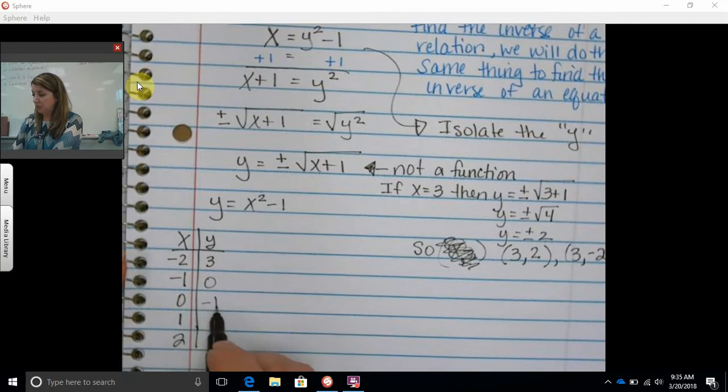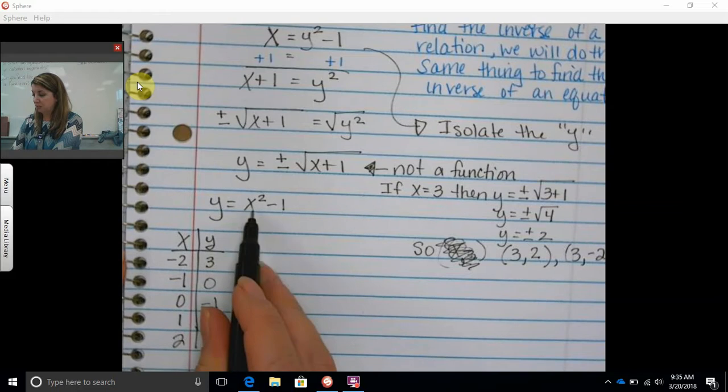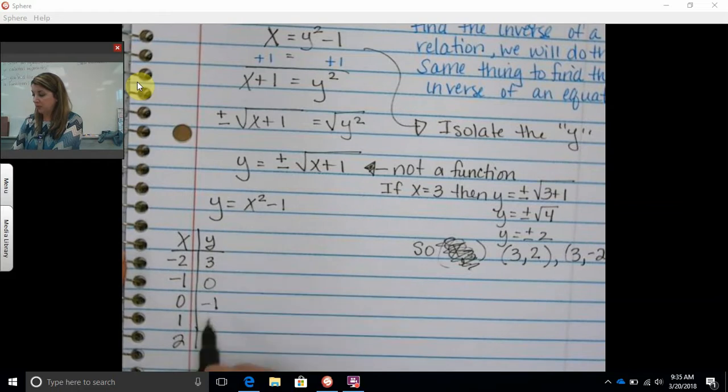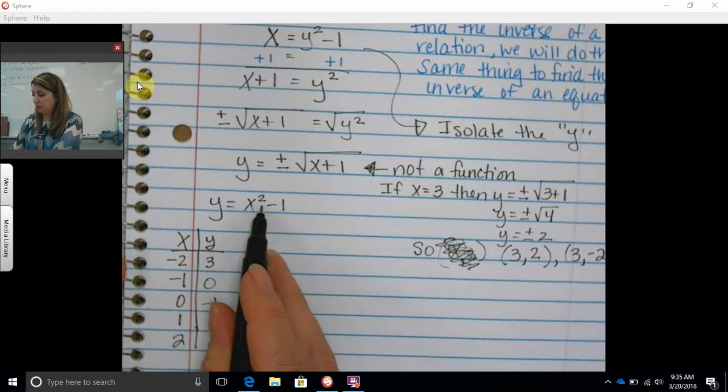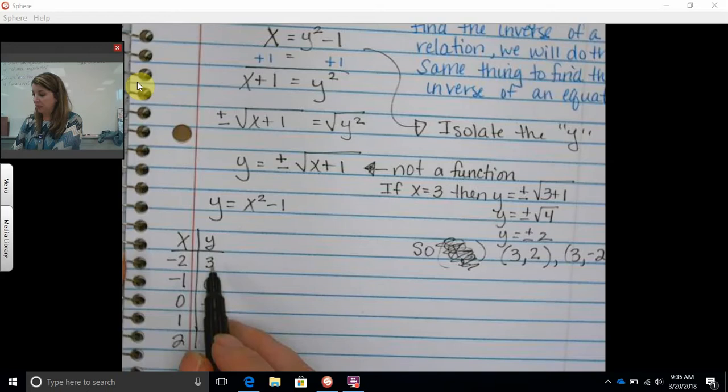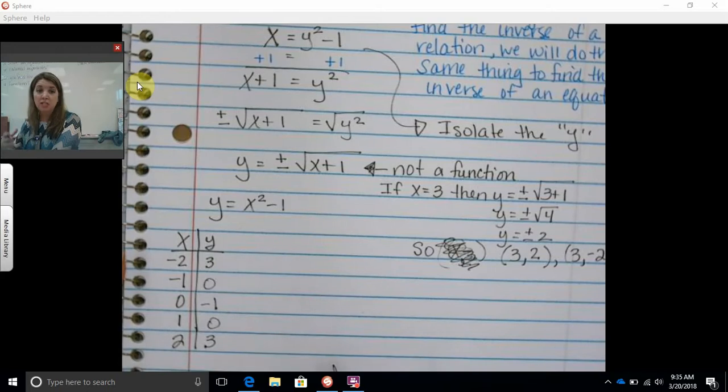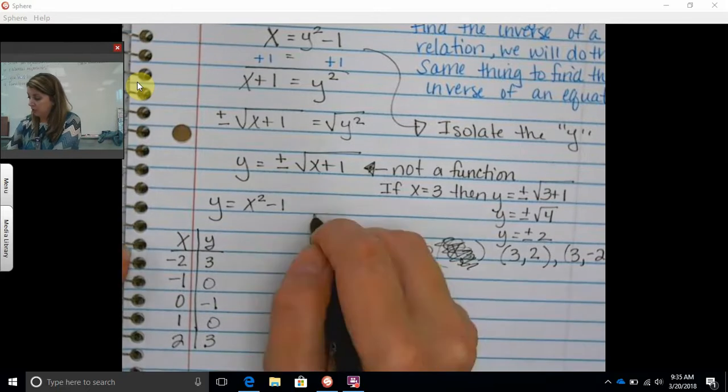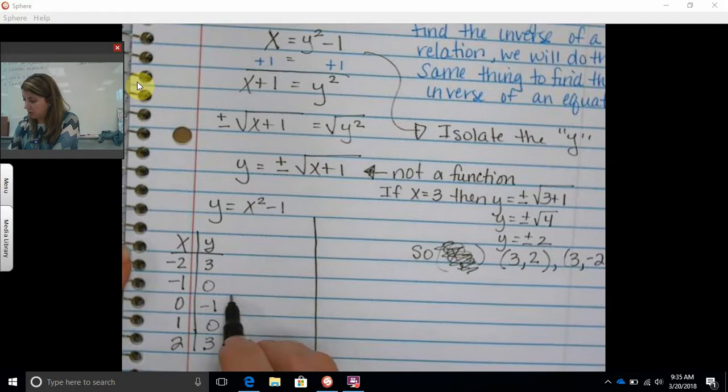Negative 1. Substitute in a 1. 1 squared is 1, minus 1? 0. Substitute in a 2. 2 squared is 4, minus 1? 3. I have repeating ranges here, but does that make it not a function? No. So at least for the ordered pairs that we can see right now, it looks like a function, which we already know it is because quadratics are always functions.